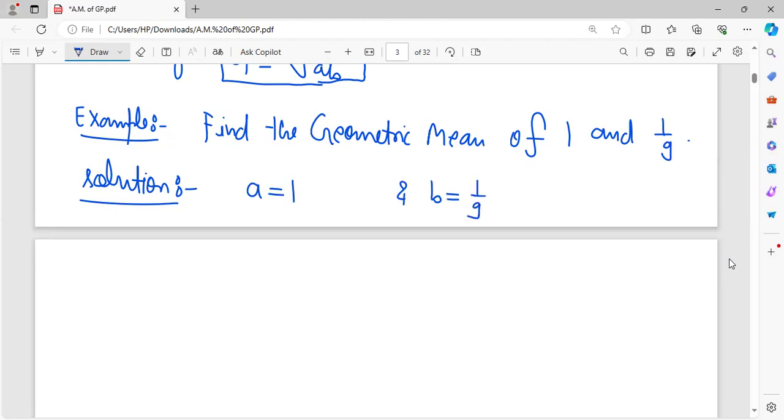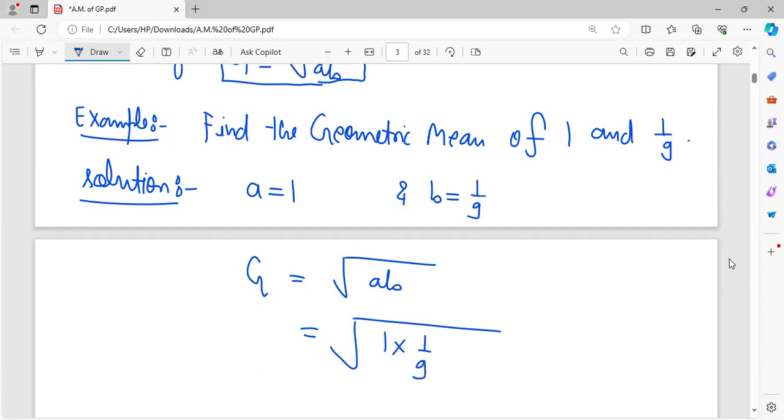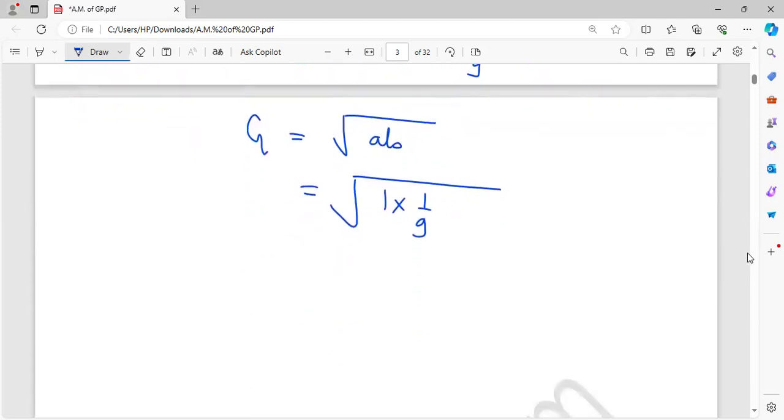So what is the geometric mean? Geometric mean G is equal to under root AB, that is under root 1 into 1 upon 9. So this is under root 1 upon 9. What is the square root of this? 1 upon 3.